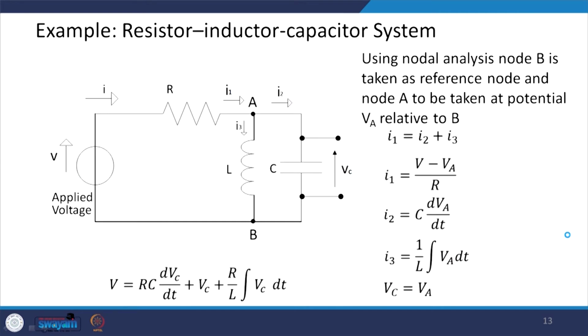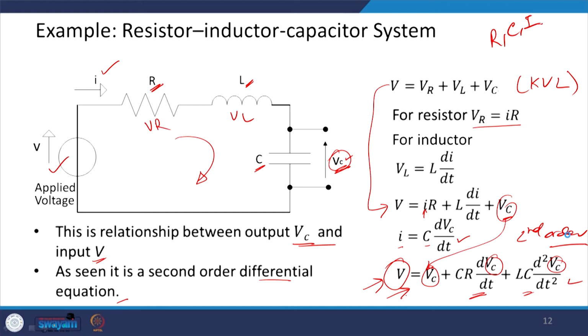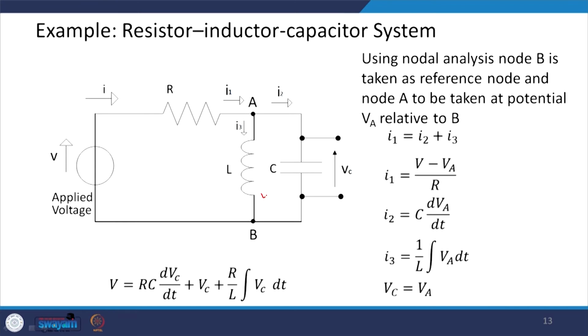If we have a resistor, inductor, capacitor system, in the previous case all these R, L and C were in series, and suppose here they are in parallel. Then in this case we can make a nodal analysis using Kirchhoff's current law basically.